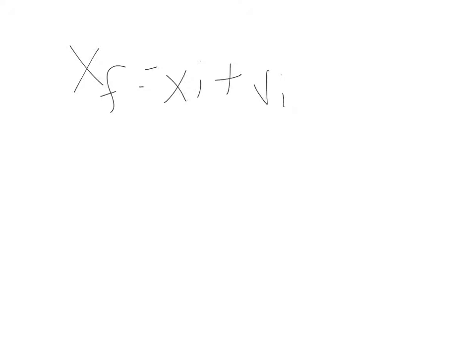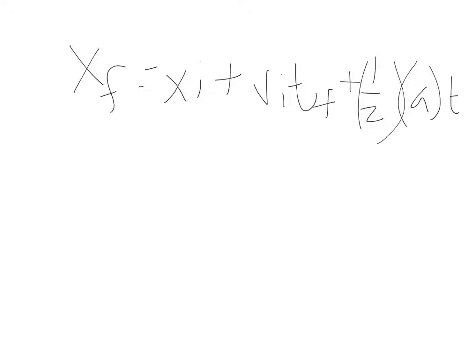Xf equals Xi plus VI times TF plus 1/2 A times TF squared. Now, often, let me show you in a color here, these two terms are probably going to cancel out, because Xi is usually going to be 0 and VI is usually going to be 0.